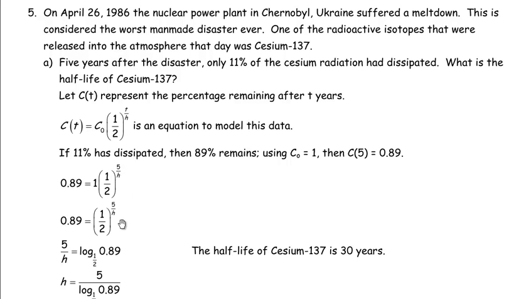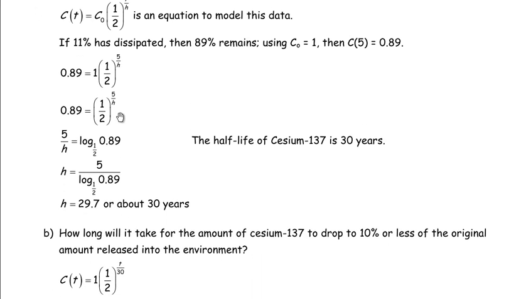So now I'm going to drop the 1 here. And I'm trying to isolate for h here, so I'm going to isolate for 5 over h first. I do that by converting from exponential to logarithmic form. So the 5 over h would equal the log of 0.89, base a half. The base of the power and the base of the logarithm are the same. Now we're trying to solve for h, so on both sides I'm going to multiply by h.